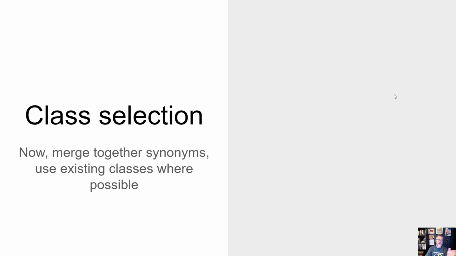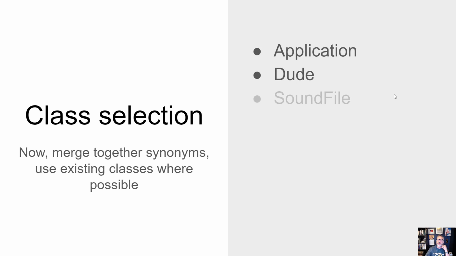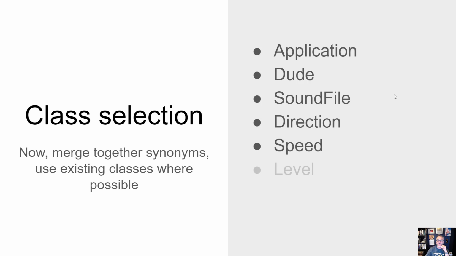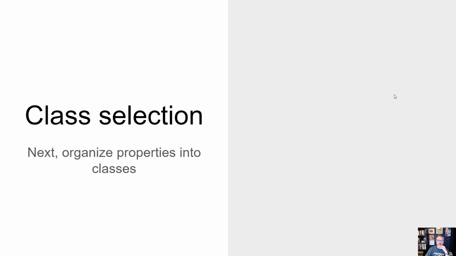So we would identify which of those nouns are things that already exist in our programming language and we don't need to write ourselves. So application, dude, sound file, which is the synonym for the song, direction, speed, level, and walls. Okay? So those would be the nouns that are important in that problem description.